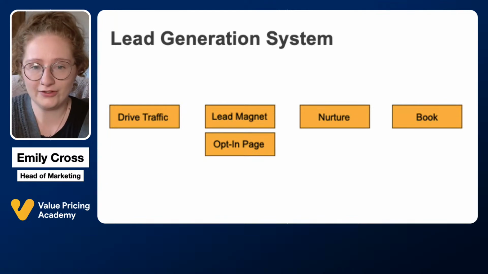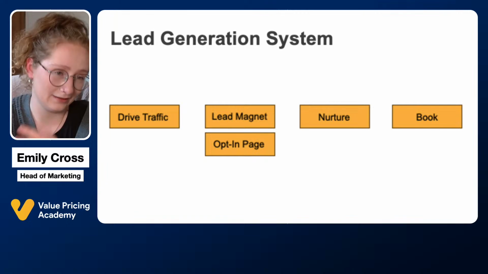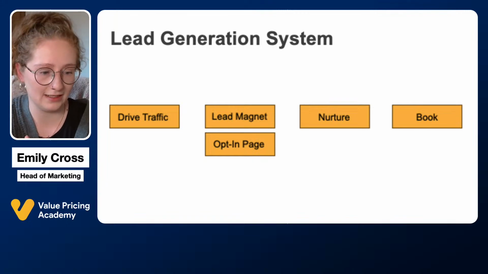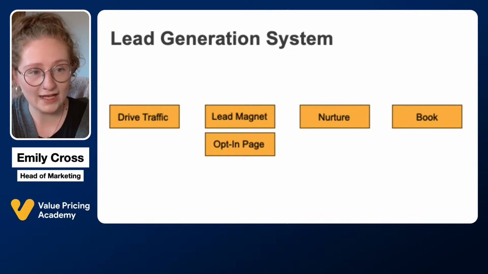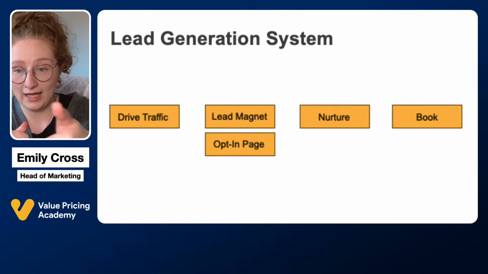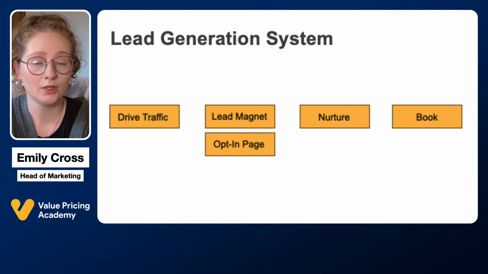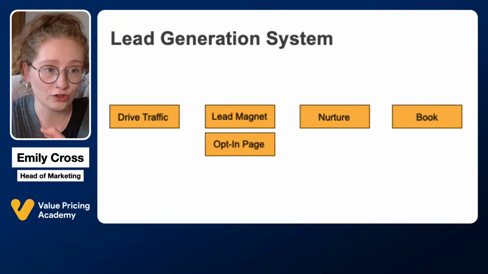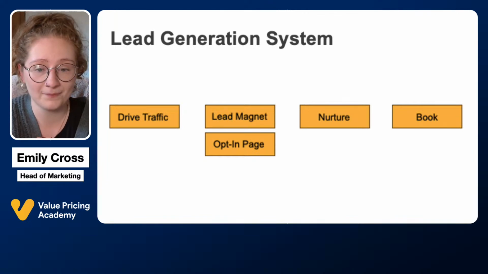So this is how it breaks down. The first thing you need to do, and you actually build this in reverse, but the way that the lead experiences it is that we drive traffic to a place where we want them to go. We push them to those places, and that is generally by using content, so our content creation.